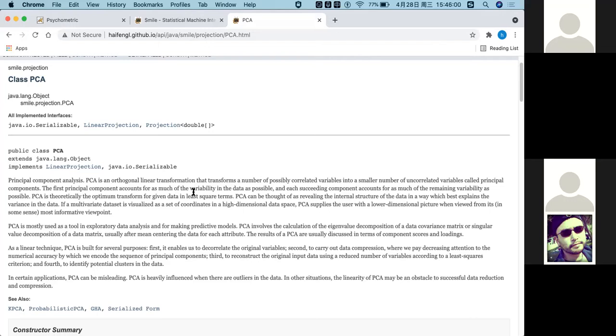Anyone? Can anyone explain how to calculate the PCA? No one?